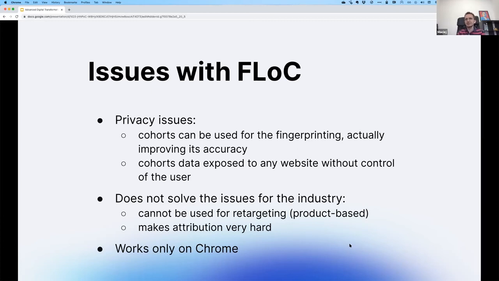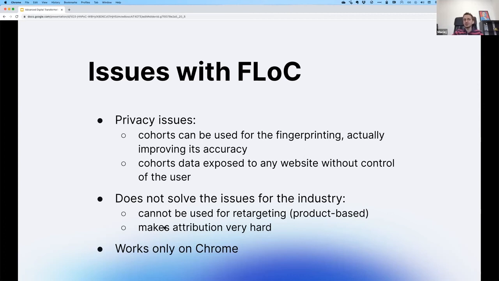So for example, it couldn't be used for retargeting, because these are cohorts. So I couldn't retarget users for the products that they left in the cart, or for bringing them back to my websites after they visited. So that didn't work, and that's a primary use case for many people.